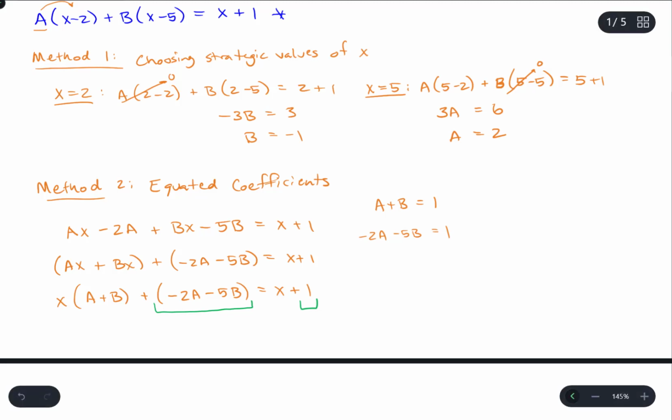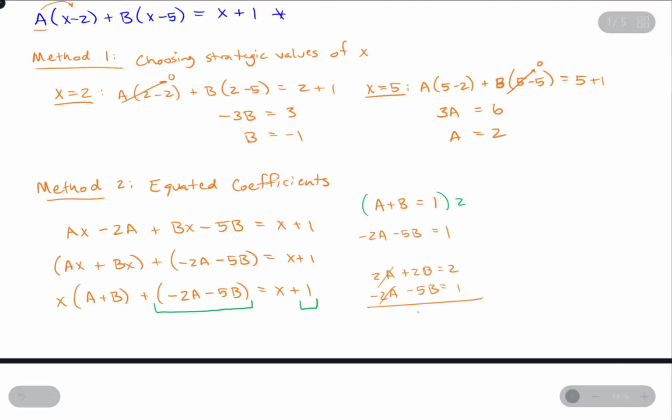So effectively just pick something that you can multiply the top or bottom equation by, so that when you add it to the other equation, so 2a plus 2b equals 2, and then I have negative 2a minus 5b equals 1. We'll add these equations together.